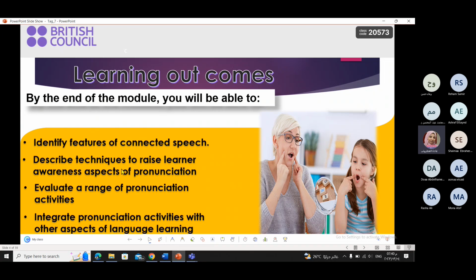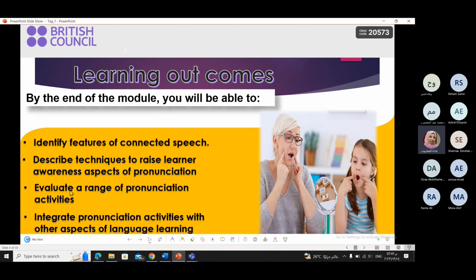And we are going to focus on some techniques. How can we raise the learners' awareness about the aspects of pronunciation, so their English is better and seems more natural, not like a robot?